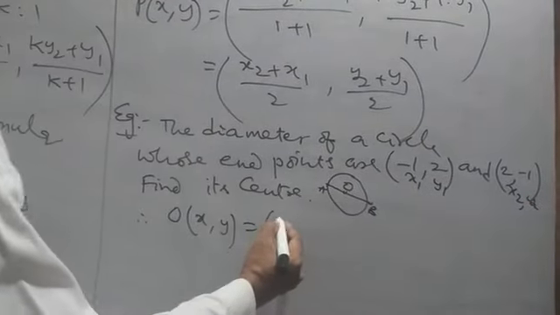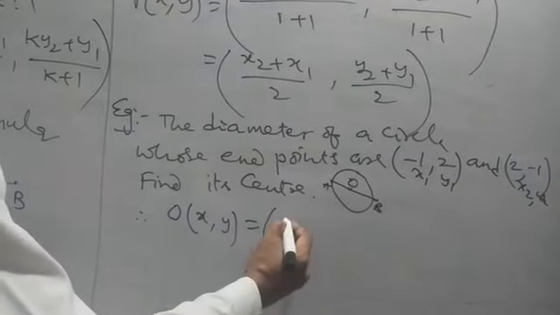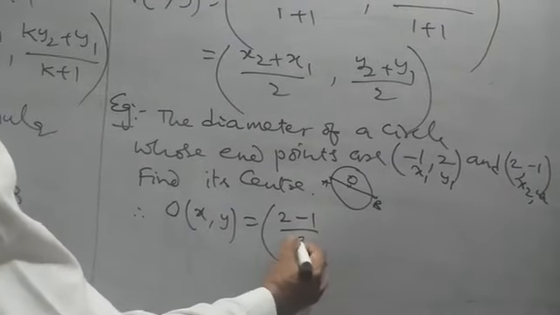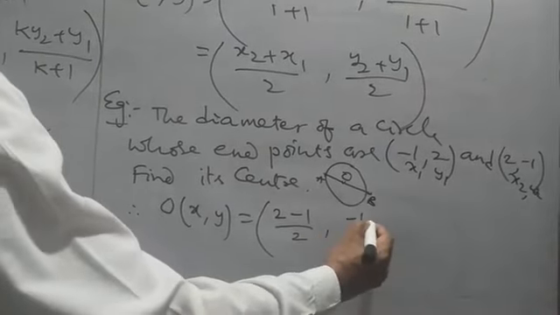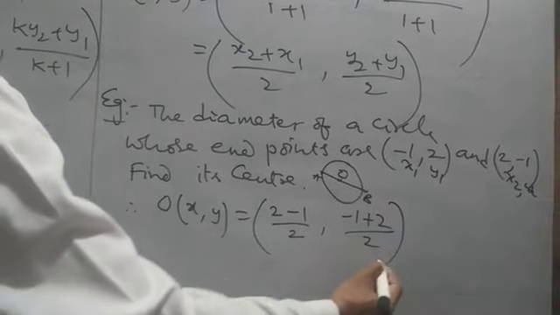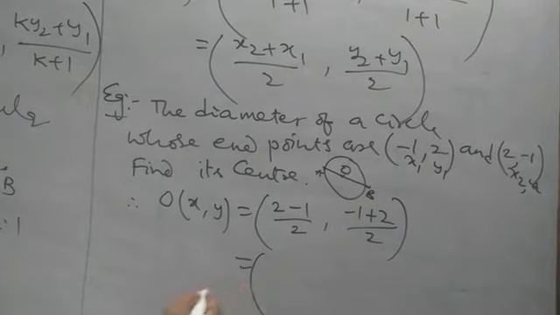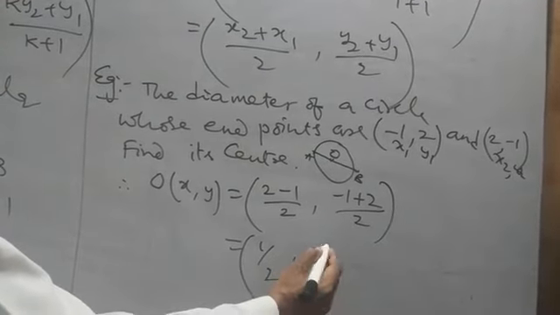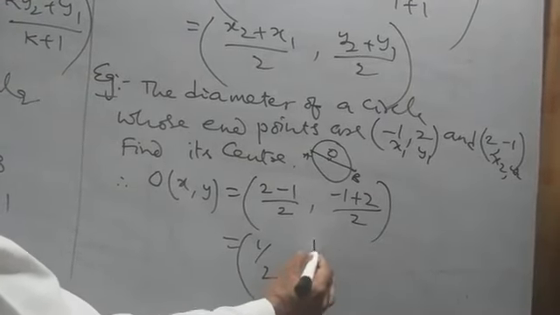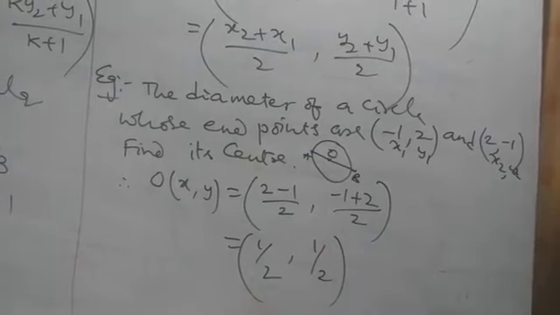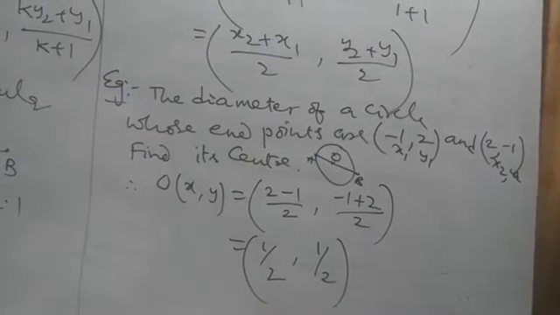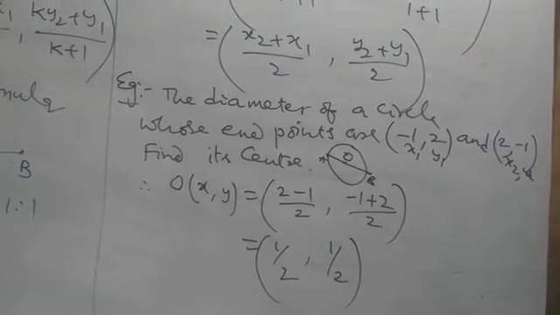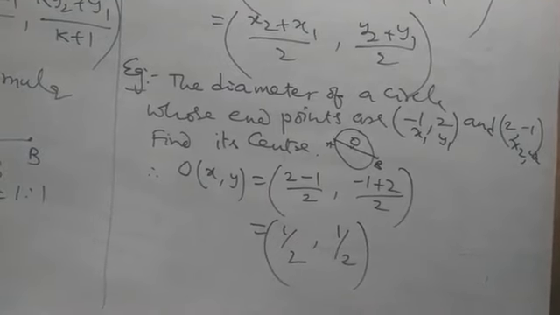So by using the above formula, ((2 minus 1) by 2, (minus 1 plus 2) by 2), that equals (1/2, 1/2). Hence, the center of the circle is (1/2, 1/2).